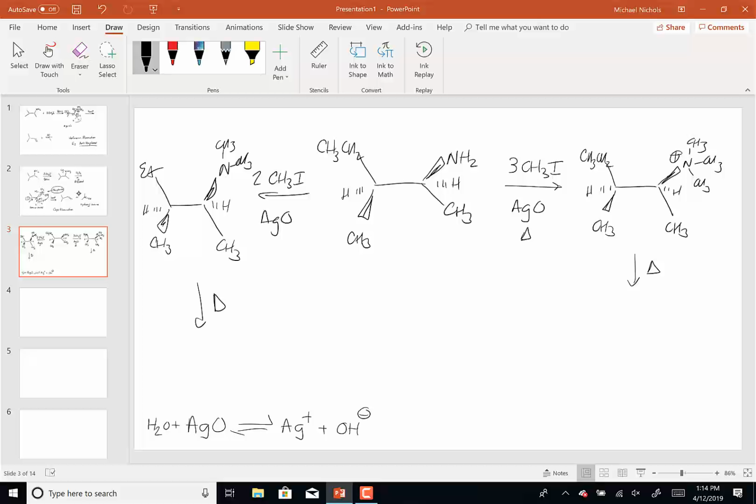It's an expensive way of doing this, but it'll work. So that's where the basic reagent comes from: the silver oxide. When you see that in the book, after the amine's alkylated, it's taking the ammonium and neutralizing it to the free amine.